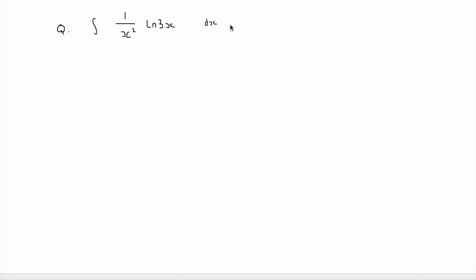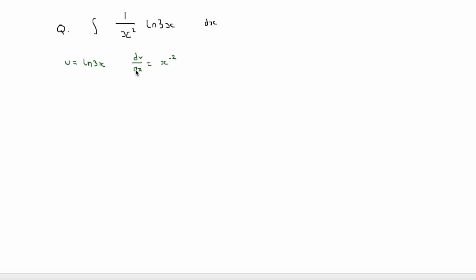So the next question we have has a ln 3x in it, and so this time this one is going to be u. So therefore what we say is u is equal to ln 3x. So that means that dv over dx is going to be equal to 1 over x squared, which is also equal to x to the minus 2.